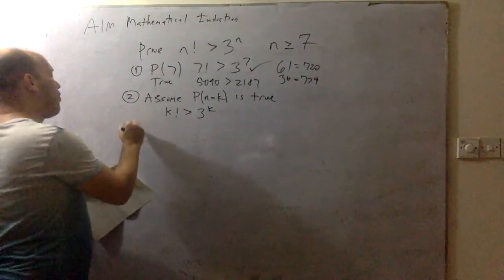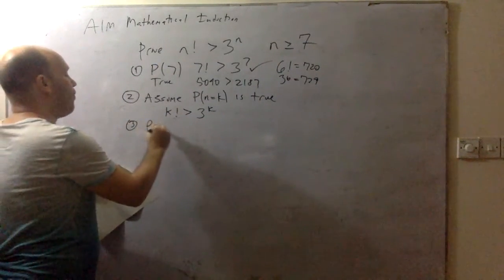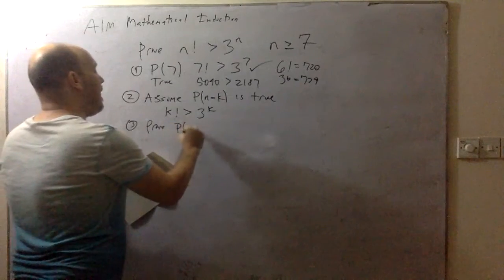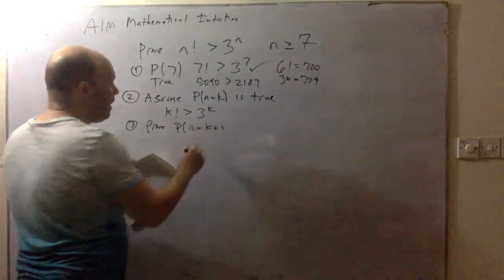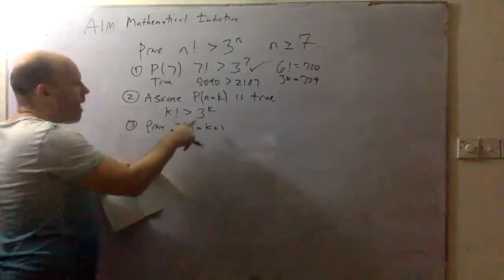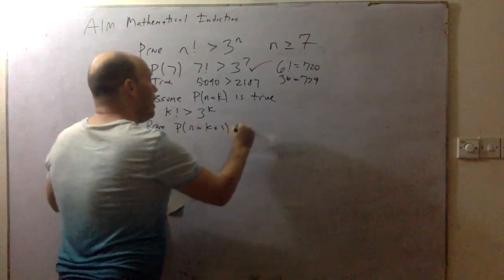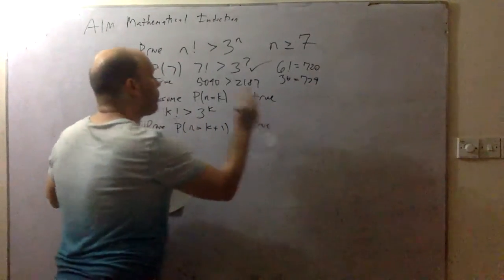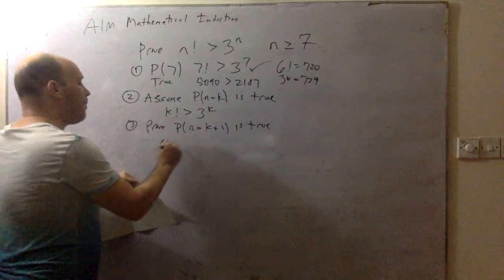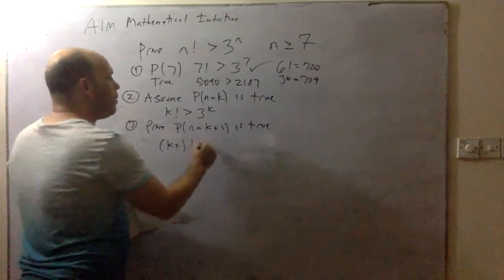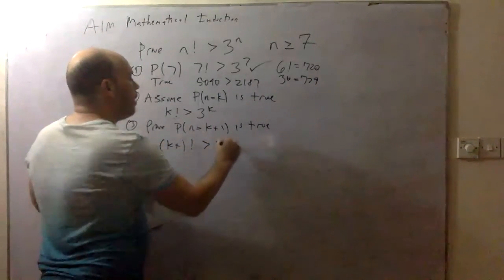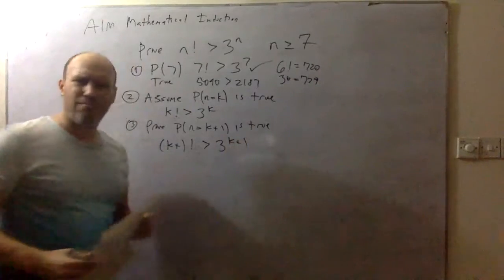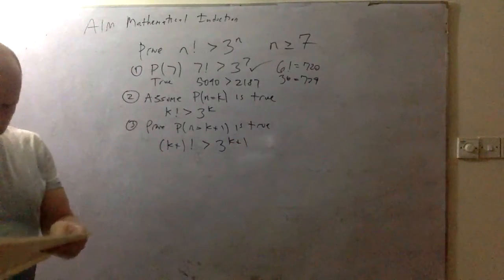Now we have to prove that the proposition at n equals k plus 1 is true. So we have to prove that k plus 1 factorial is greater than 3 to the k plus 1.